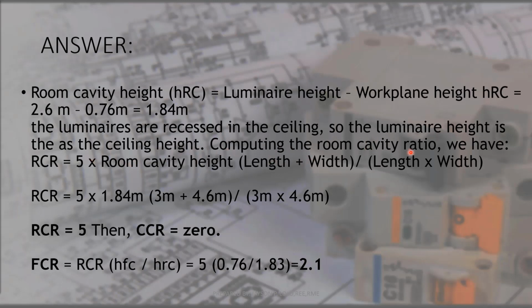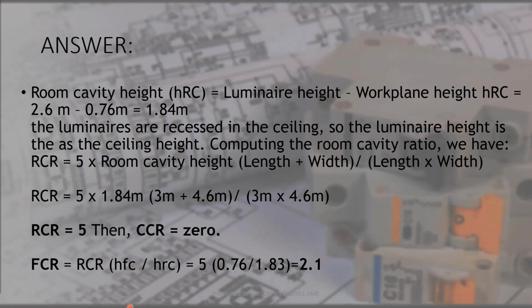So computing the room cavity ratio, we have RCR equals 5 times the room cavity height, which is 1.84 meters, times the length plus width, 3 plus 4.6, divided by 3 times 4.6 meters.